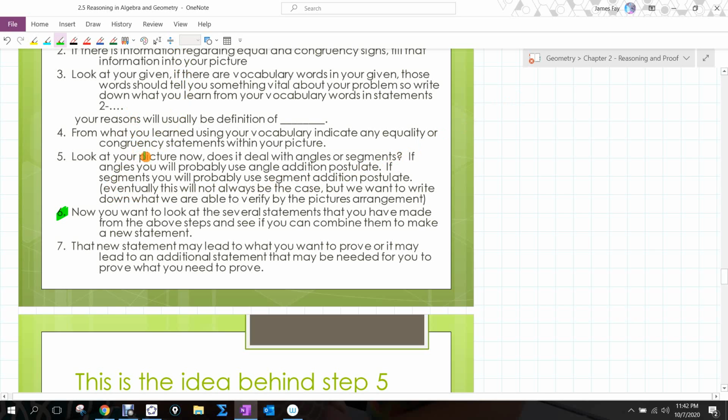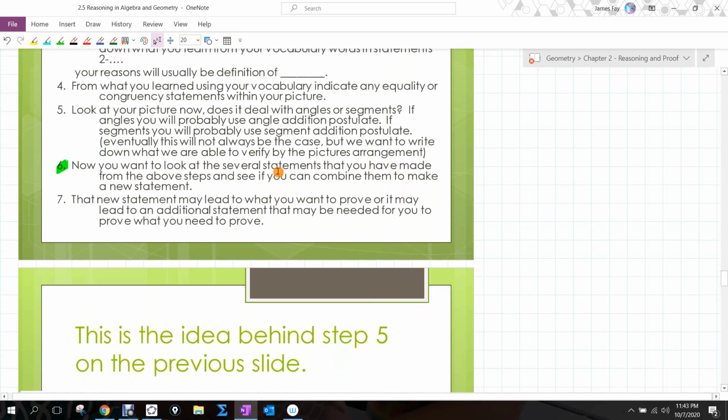If I have statement A is true, so say we've got statement B is true because A was true. Can I stitch those together to get statement C to be true? That would be a completely new statement for the problem. And that's what step 6 is talking about here. And that can be a difficult task, okay? And you're going to get better at those through practice. Step 7 says that new statement may lead to what you want to prove.